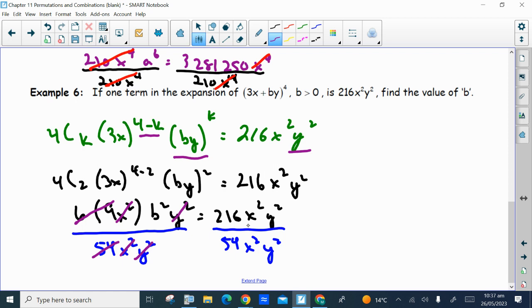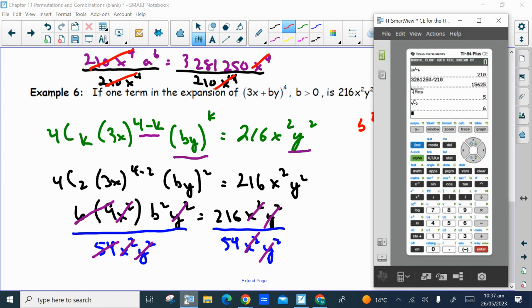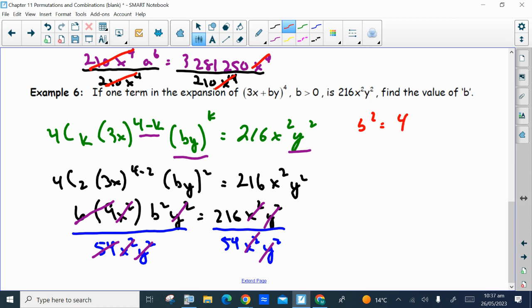On the right, the x squareds cancel and the y squareds cancel. So b squared equals 216 divided by 54, which is 4. Normally when we take the square root of both sides, we get a positive and a negative answer. But we are told in this case that b must be greater than 0. So b equals positive 2, not negative 2.